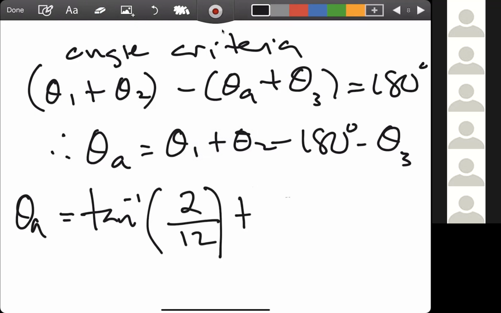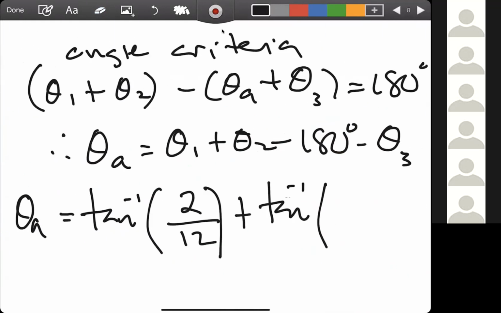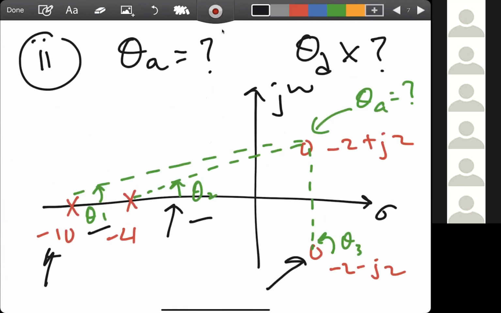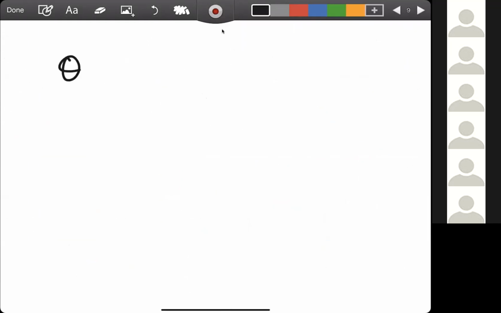Theta 2, tangent inverse 2 over 6 minus 1 is 0. Theta 3 is 90 degrees. Betul. So theta arrival is 117.9 degrees. Okay, guys. Boleh?